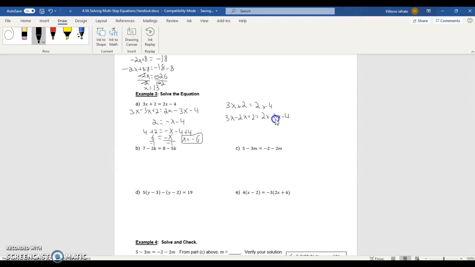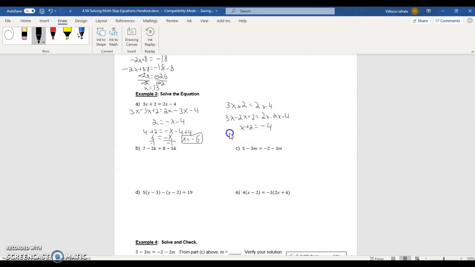I did minus 2x to get rid of the 2x from the right side, so it ended up on the left side. So that gives me 3x minus 2x is x plus 2, which is equal to 2x minus 2x is 0, so we just have minus 4 left.